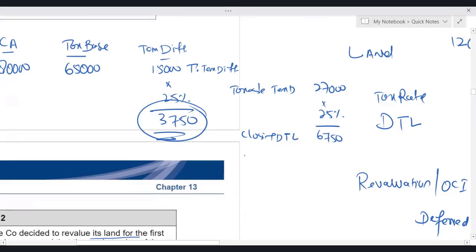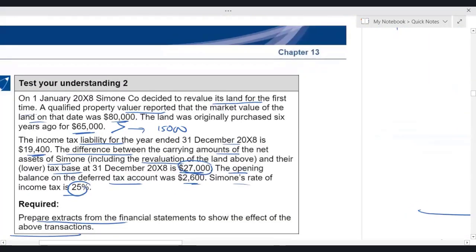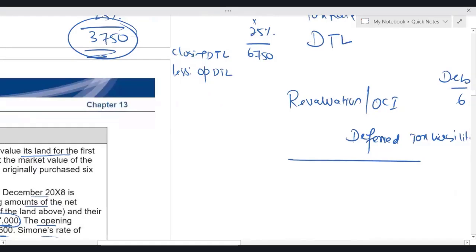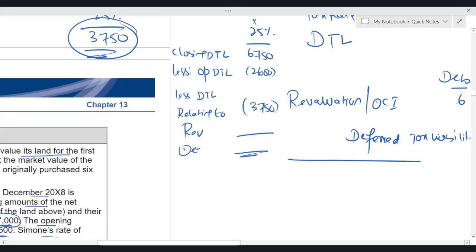Less opening deferred tax liability. They have given us the opening deferred tax liability 2,600. Less the deferred tax liability 3,750, which relates to the revaluation surplus, charged to revaluation 3,750. So let's see what is the amount of deferred tax expense.